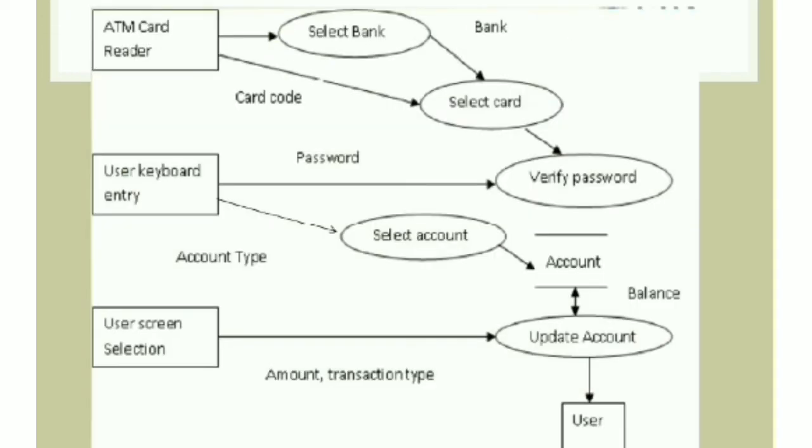Here the ATM card reader and user keyboard entry are external entities, whereas the account is a database and the processes are shown in circles. And the communication between the entity and the process is shown by the arrow, and that is the data flow.